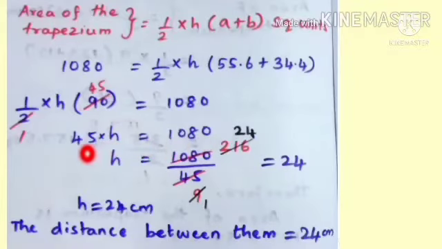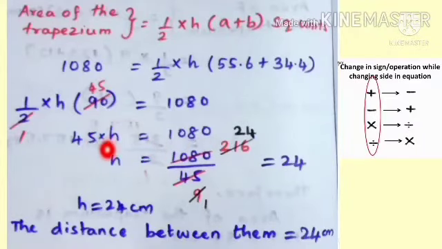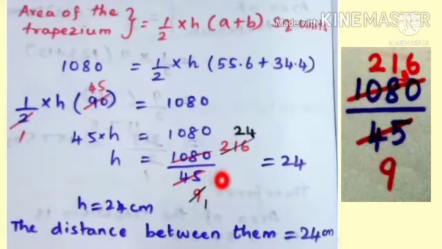Now this 45 with h is in product. So when it crosses the equal to sign, it becomes 1 by 45. That is 1080 divided by 45. Now cancelling 1080 and 45 by using the fifth table, in the numerator it is 216 times and here it is 9 times.